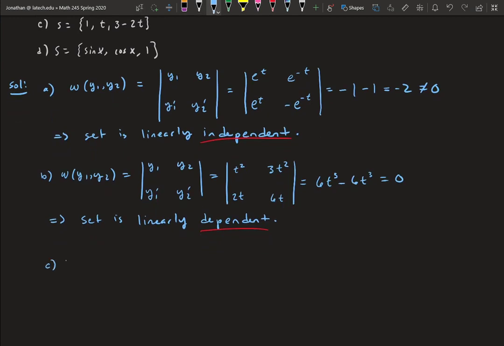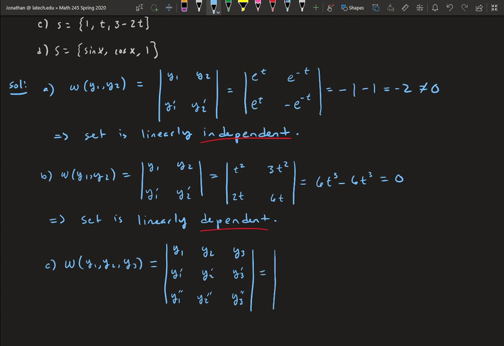Here we have three functions. Wronskian of y1, y2, y3 is a 3 by 3 determinant. y1, y2, y3, y1 prime, y2 prime, y3 prime, y1 double prime, y2 double prime, y3 double prime.